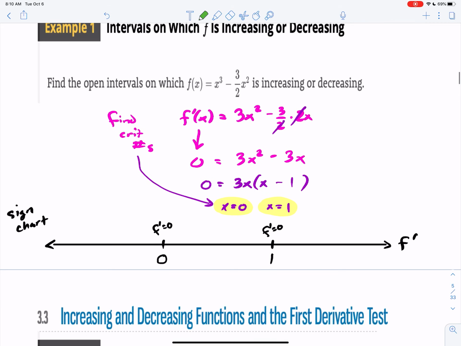The next step here is we're going to test our values. So we're putting in some test values here in between our intervals. So we have 3 different sections here because we had 2 critical numbers. So if you have more critical numbers, you're going to have more intervals, okay? So what we're going to do is pick a safe number, a simple number in that interval.